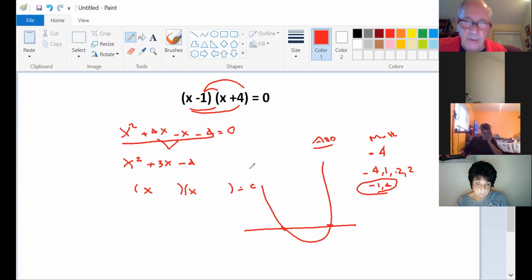Then you can always draw a parabola and make it work like that. So it's very useful, is what I'm getting at. It's not just a little exercise to give you a headache. It's actually got some use to it, okay?